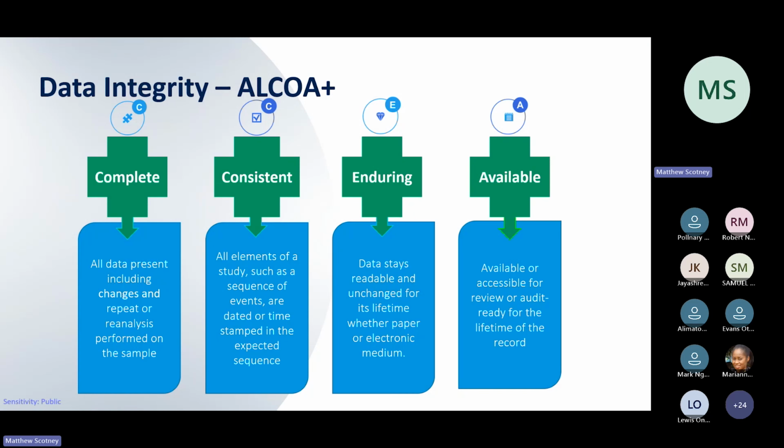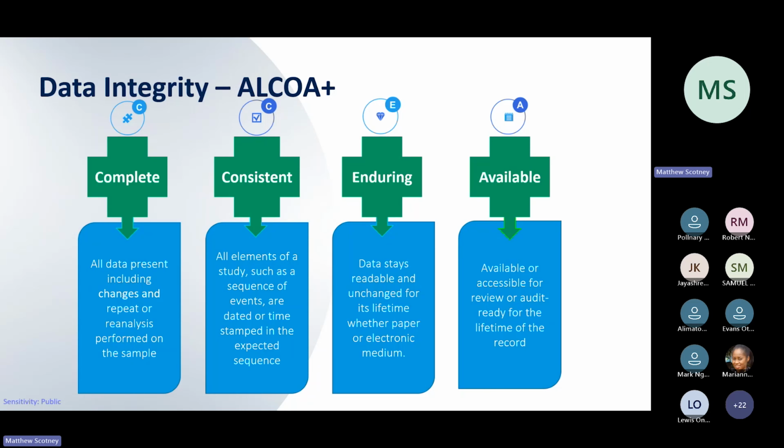The other thing that's really important from a computer system point of view is that the information is available. Many of the records that we generate from a computer system should be kept for upwards of 25 years. If you have been involved with computer systems for any length of time, you know the changes in technology over the last 10 years have been significant.